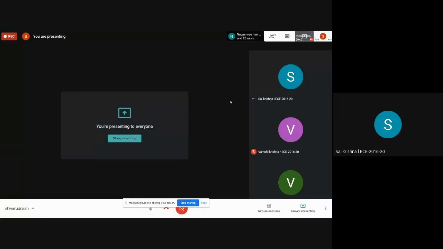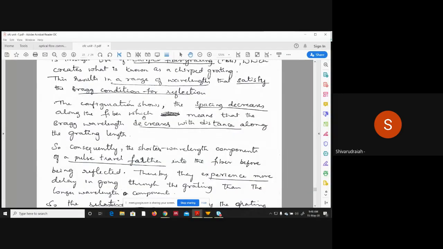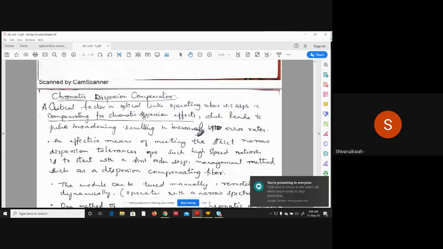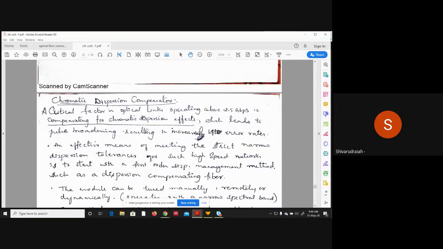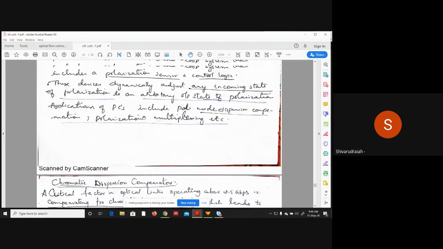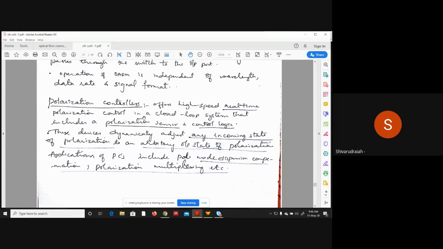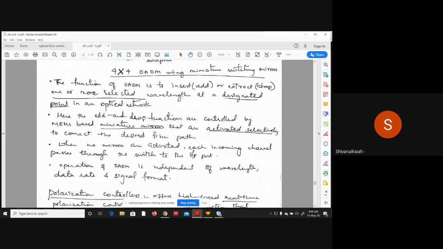And to fabricate such a device is highly complicated because these are all of micrometer size. The fiber itself is in micrometer size, and these structures have to be created or fabricated inside what we call active devices.